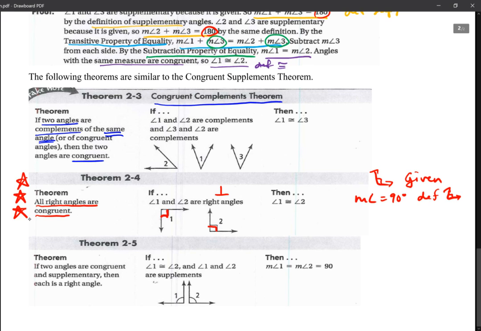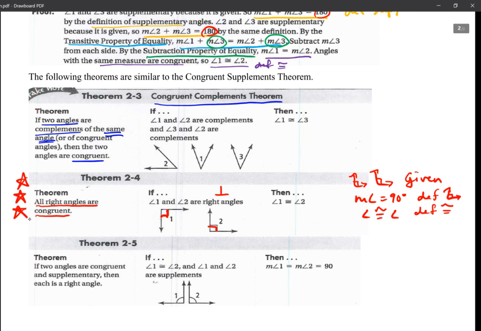So if we have two right angles, I know the measure of both of those angles is 90 degrees. If my measures are equal, then by definition of congruence, my angles are congruent. Very simple proof on this one.